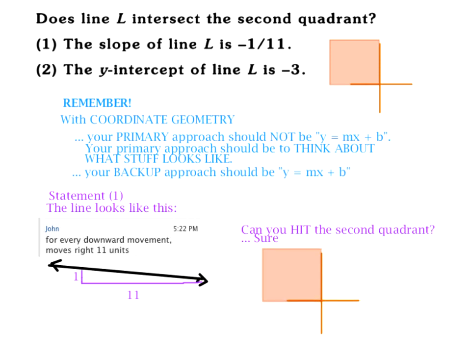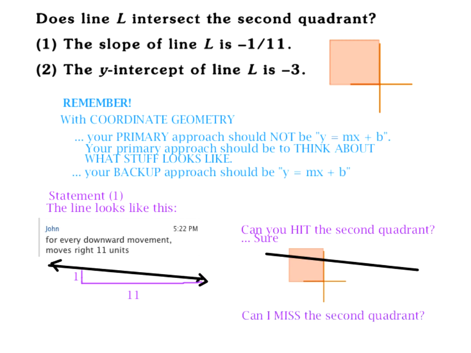Can I hit the second quadrant? Yeah, sure I can, right? So there's a line that hits the second quadrant. Can I miss the second quadrant? Yeah, the line goes on forever.